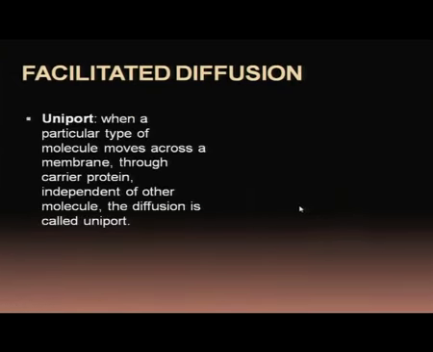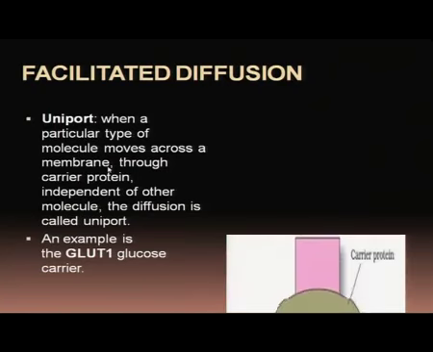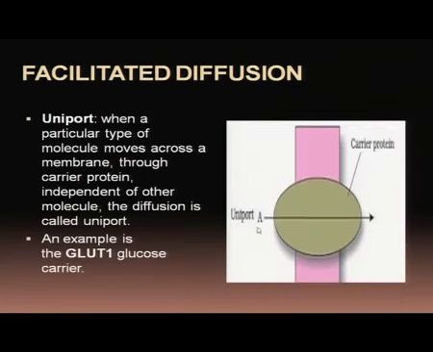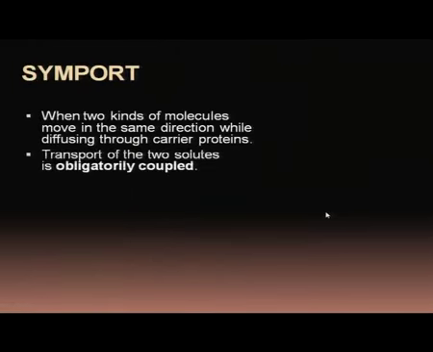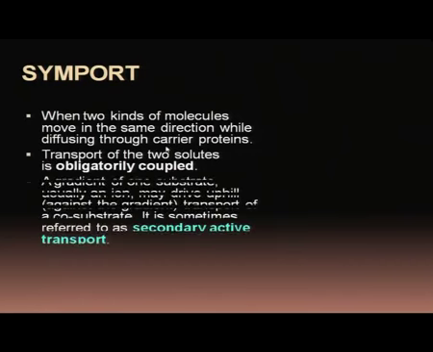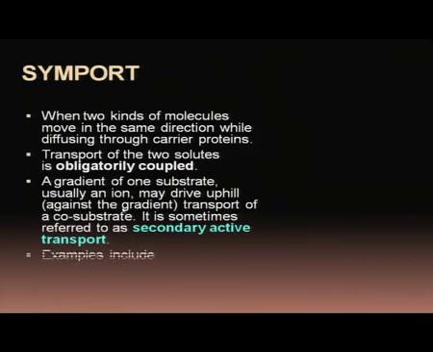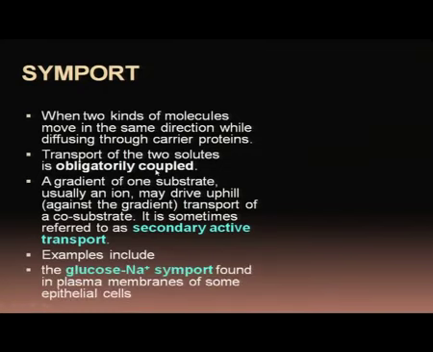Under facilitated diffusion, we can study three types of transports. Uniport is when a particular type of molecule moves through a membrane with the help of a carrier protein. So, this substance A is being transported to the other side with the help of a carrier protein. This is uniport. Symport is when two kinds of molecules move in the same direction while diffusing through carrier proteins, and this two-solute transport is obligatorily coupled.